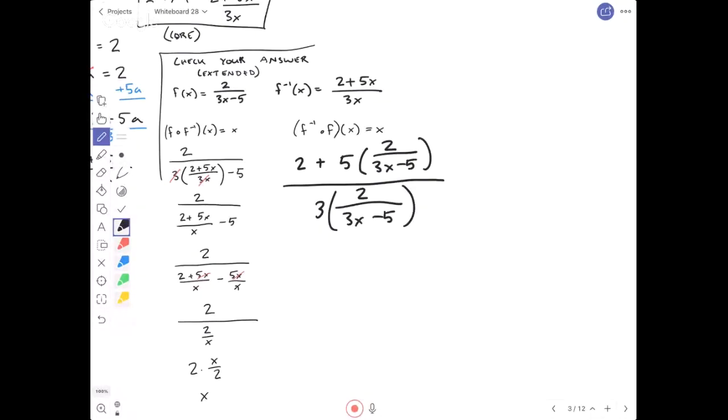So that's 2 plus 10 over 3x minus 5, over 6 over 3x minus 5.